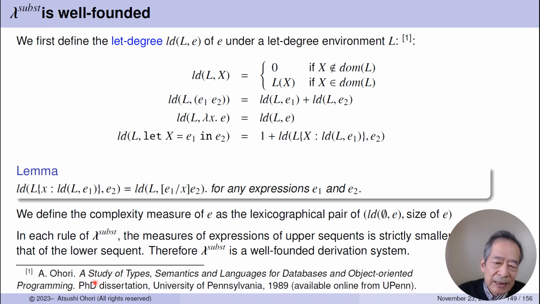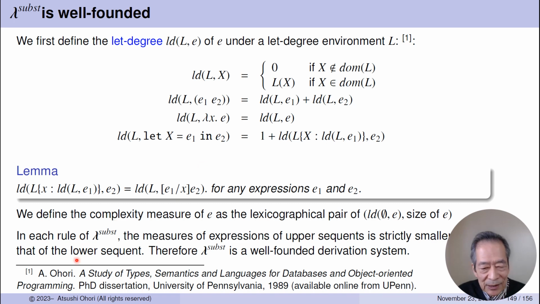I believe this is the first appearance in the literature that this is well-founded. Although subst may be mentioned in various textbooks, this technically important piece may not be mentioned. I don't see any citation in this respect, but this is just a side comment.